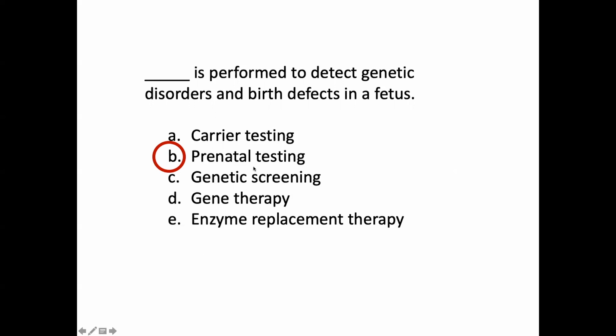Genetic screening is somehow related, but I would say prenatal testing is the best one, because this is in a fetus, okay? Genetic screening usually includes both prenatal and after birth, you can do all kinds of screening, right? So that is probably the best answer.